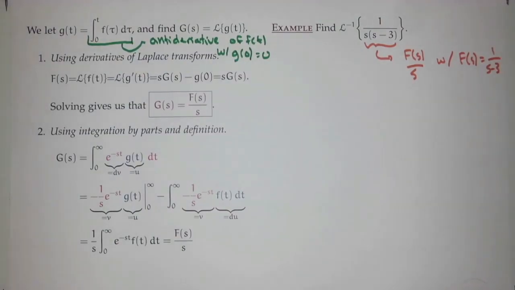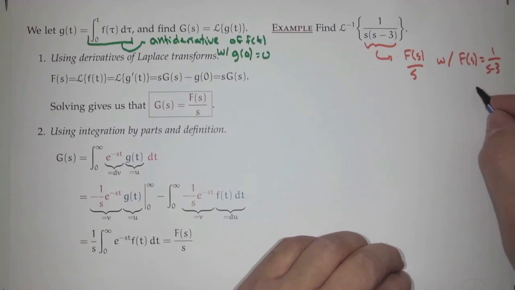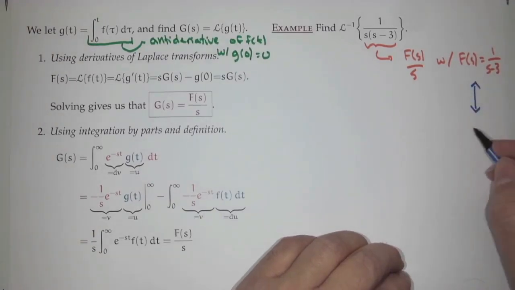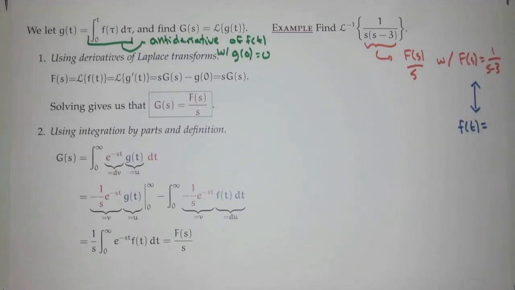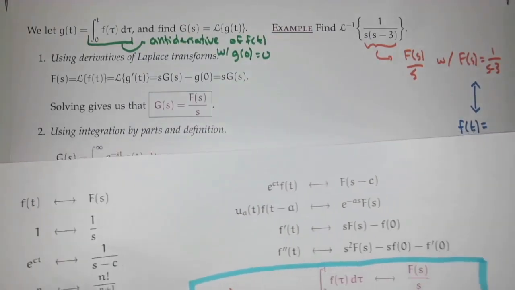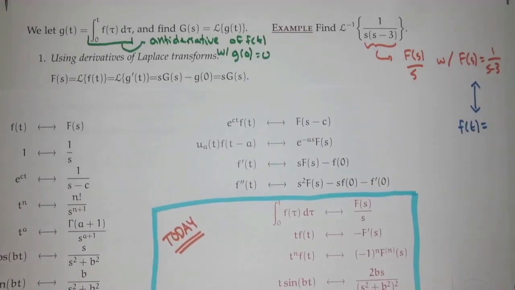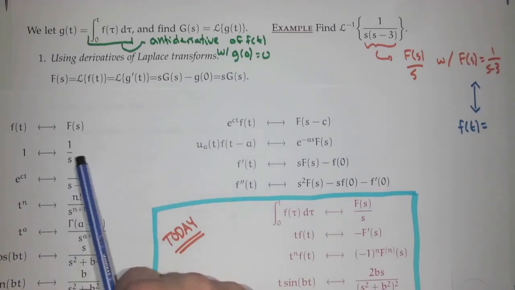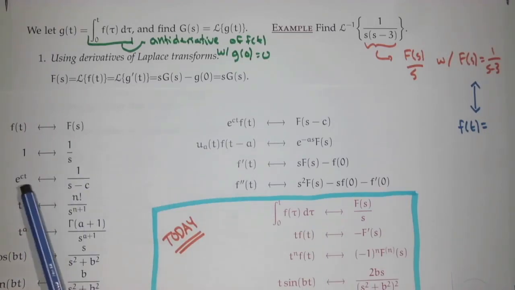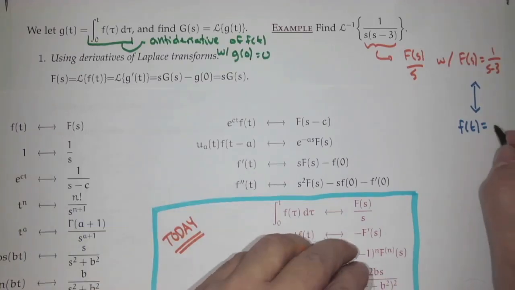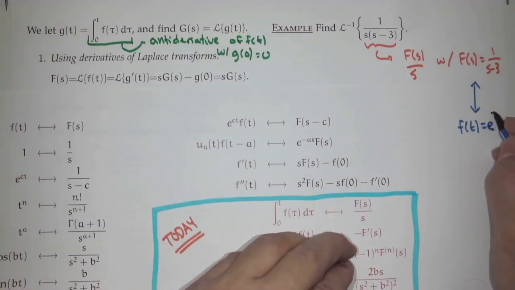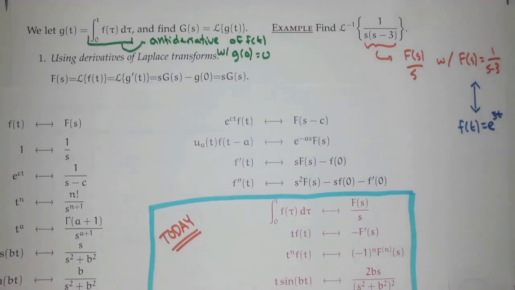Now, if F of s is 1 over s minus 3, this corresponds to a particular function f of t. So it's time to go back to our table. What does 1 over s minus 3 correspond with? It fits the form 1 over s minus a number, which is e to something t. In our case, that's e to the 3t.